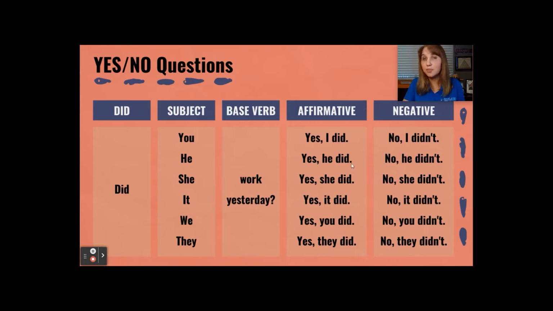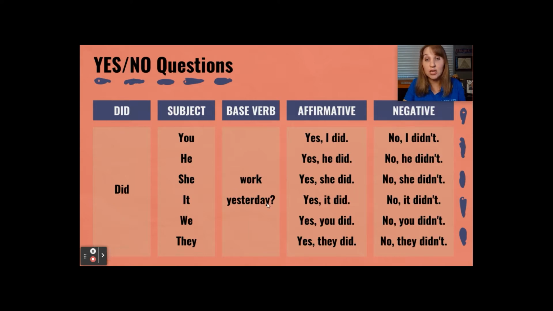So there are two possible answers. We call those yes, no questions and answers. So, did you work yesterday? You can say yes, I did, or no, I didn't. Did he work yesterday? Yes, he did. No, he didn't. Did she work yesterday? Yes, she did. No, she didn't.